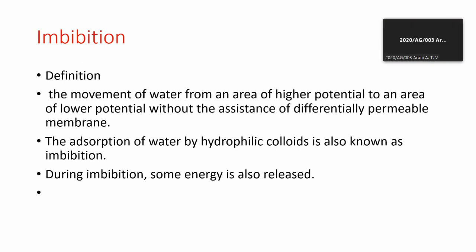The movement of water from an area of higher potential to an area of lower potential without the assistance of a differentially permeable membrane. So the water movement is coming from higher potential to a lower area without the assistance of a semi-permeable membrane, which is called imbibition.